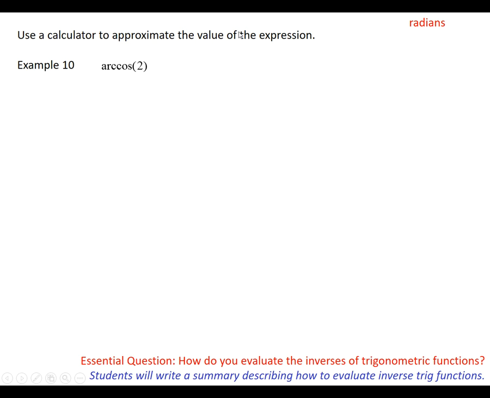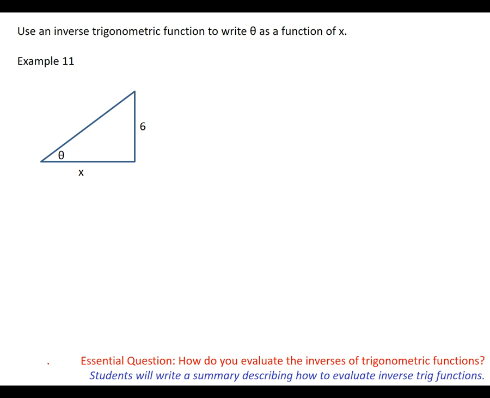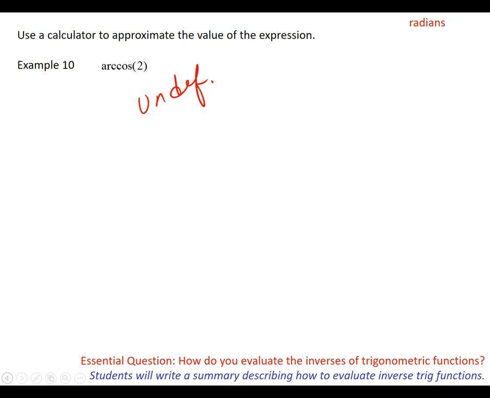It doesn't work. That funny error screen means that it is undefined because it wasn't between negative 1 and 1. That only has to be between negative 1 and 1 for sine and cosine, not for tangent.